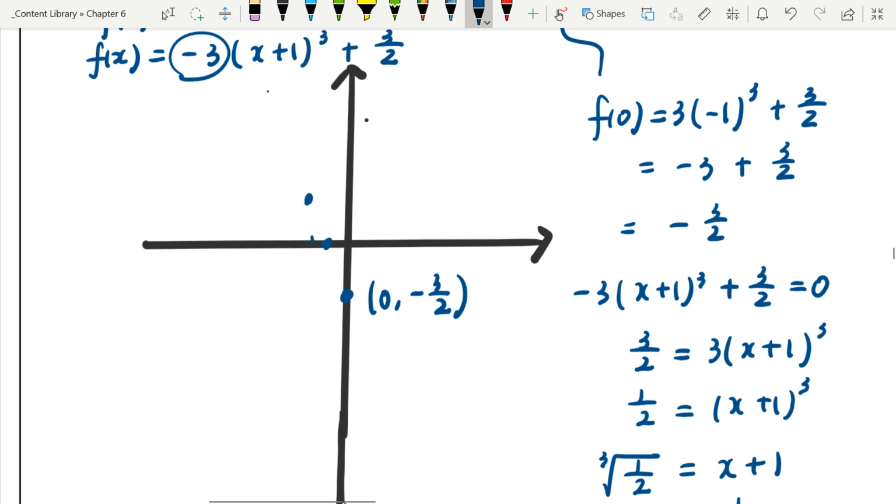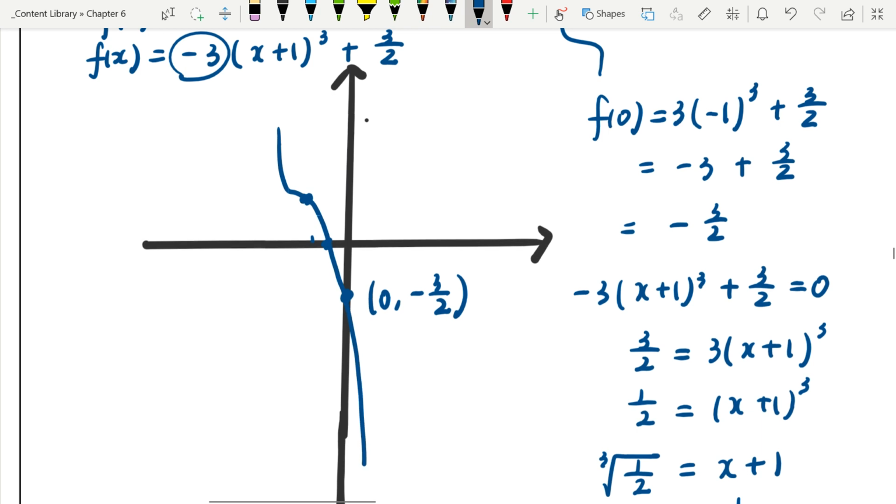So the graph looks like this. Oh, it's quite steep. You need to show the point of inflection. So okay, this one's better.